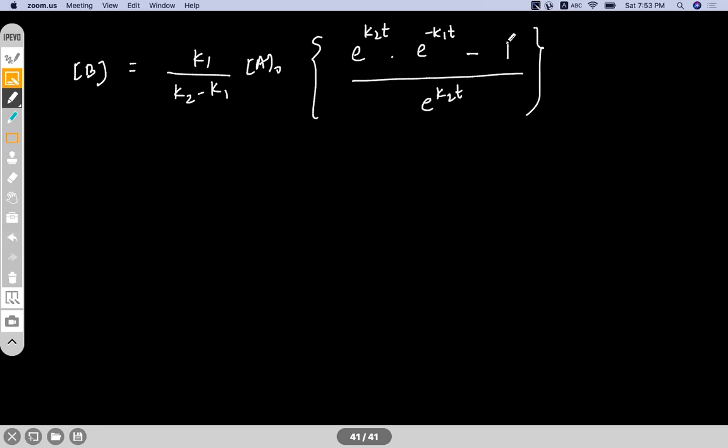Now we'll divide this e to the power K2T in both the terms. So what we get, K1 by K2 minus K1 A0, open bracket, e to the power minus K1T minus e to the power minus K2T.